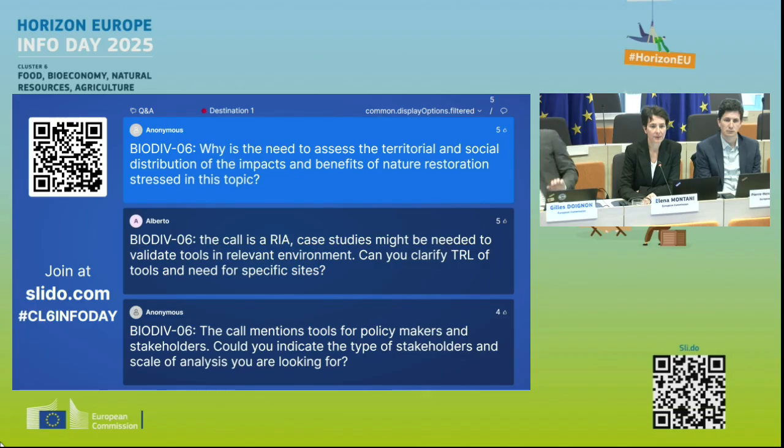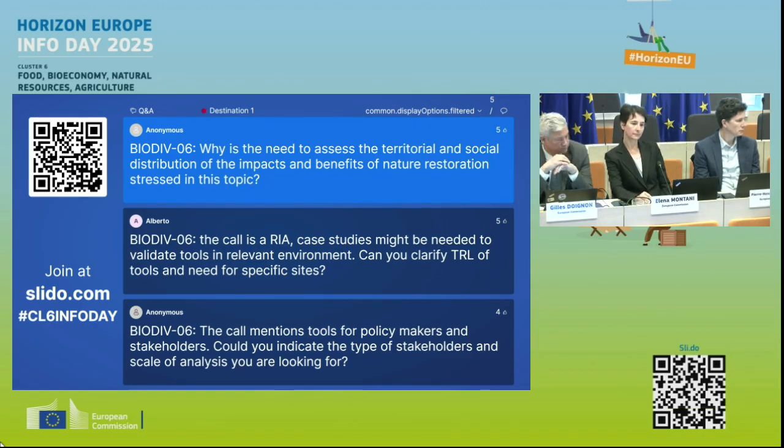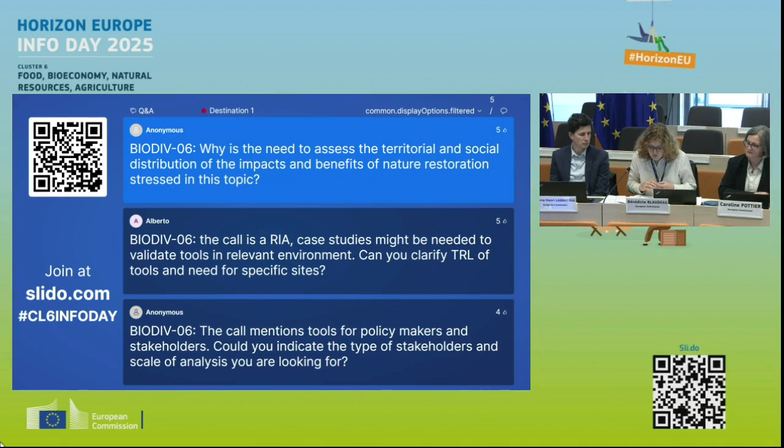Why is the need to assess the territorial and social distribution of the impacts and benefits of nature restoration stressed in this topic? Restoration is site-specific, so assessment needs to include the territorial and social distribution of nature restoration impacts and benefits, so we can develop robust models to measure the impact of restoration activities and support sound evidence-based decision-making to plan restoration.